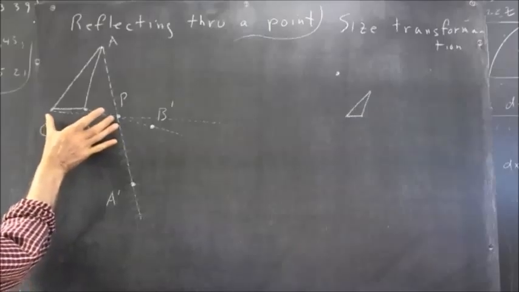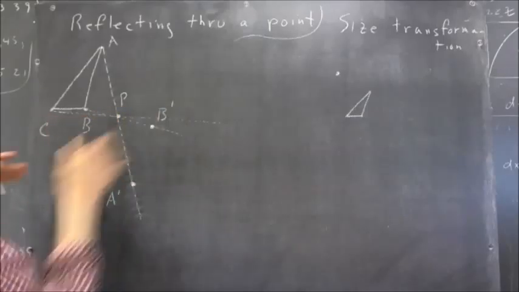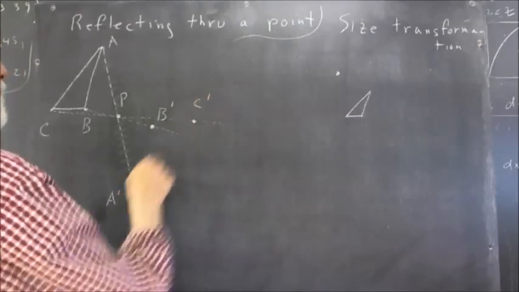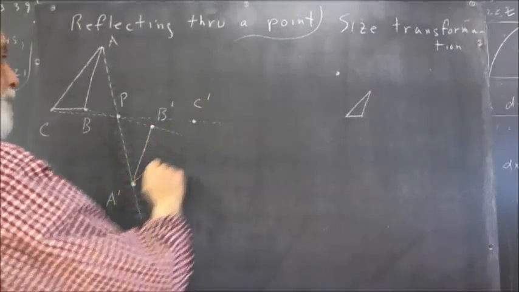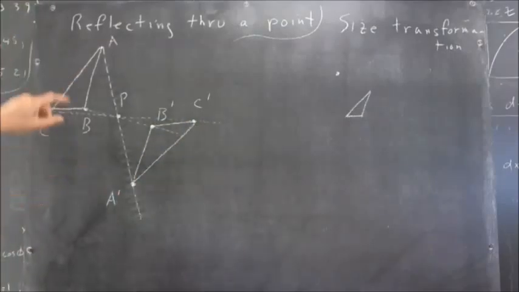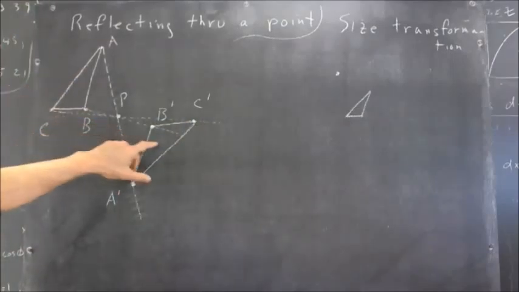That distance is here. This distance would be here. So here we would have our point C prime, and when we connect these 3 points, we see that we've got this triangle reflected through this point.